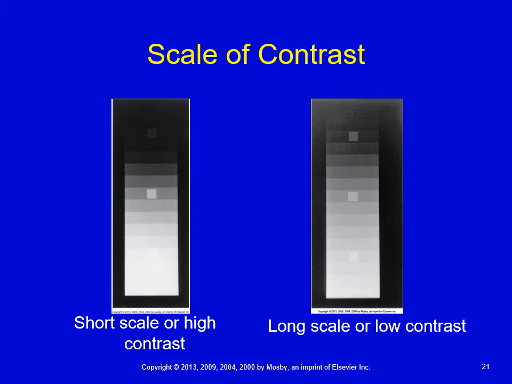I like to use the abdomen because in an abdomen that has no contrast instilled, meaning you haven't had them drink barium so you can see it bright white on the image, I like to use that when I talk about low contrast, long scale.